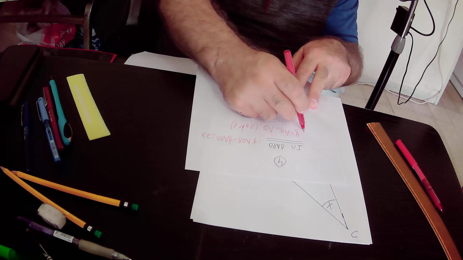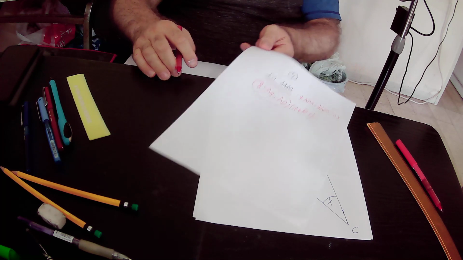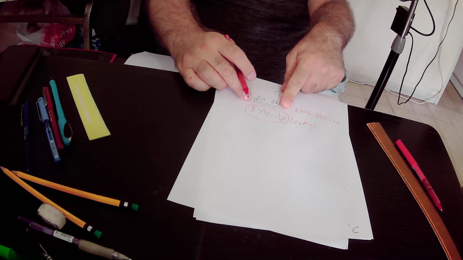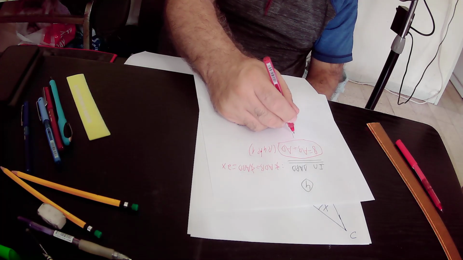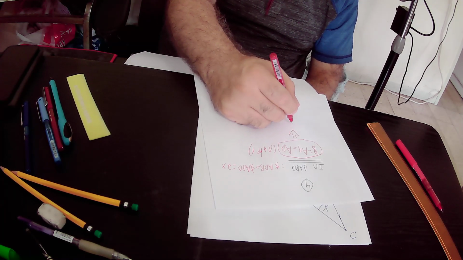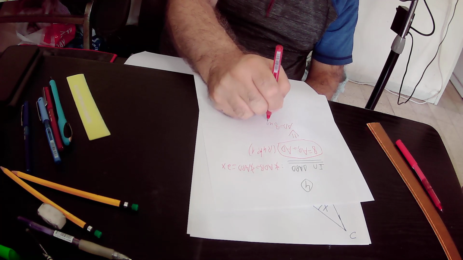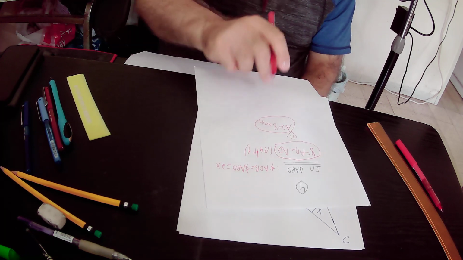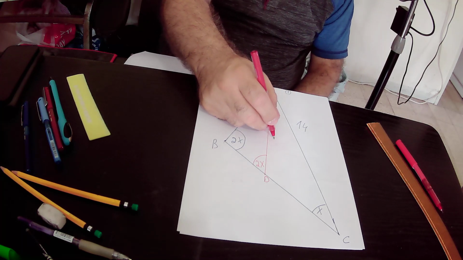So from this equality we can deduce that AD also equals 8 units. Okay, AD equals 8 units.